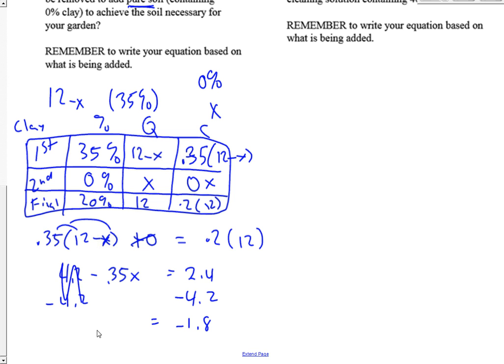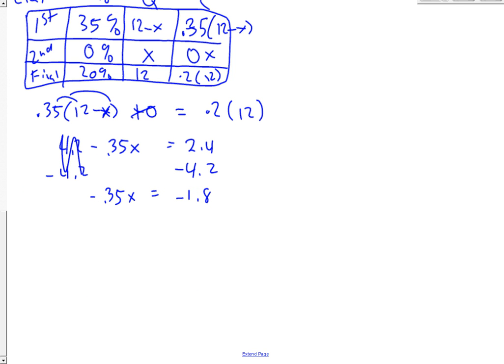Over on the left side, we are left with negative 0.35x. So we divide by negative 0.35, and we're left with x is equal to 5.14 cubic yards.